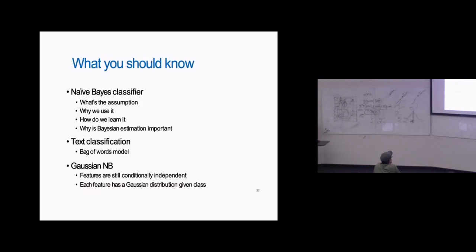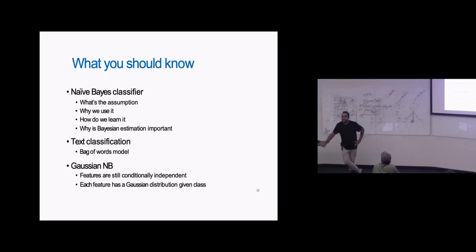So what you should know at the end of this lecture, and I'm sure you don't know right now, is what a Naive Bayes classifier is, what assumption it makes, why we use such a dumb model, how we train it, and how we test it. We have shown two cases, the discrete case and the continuous case.